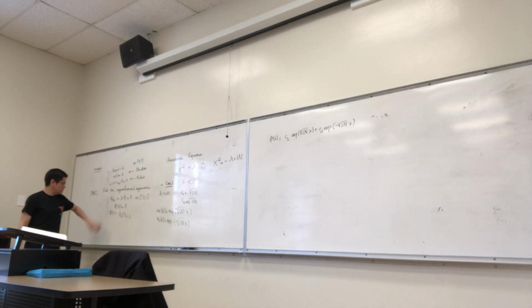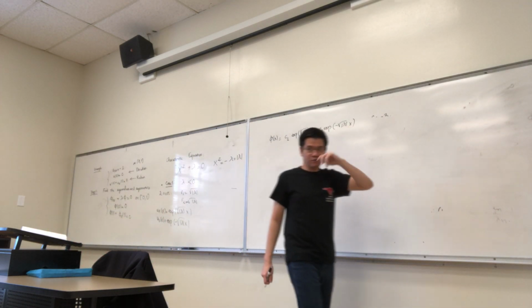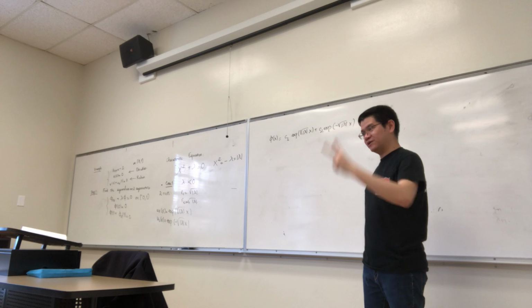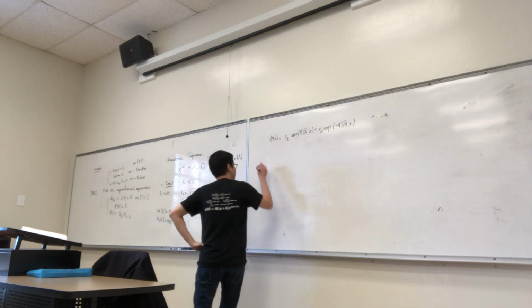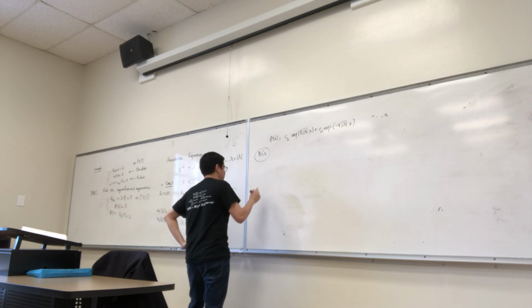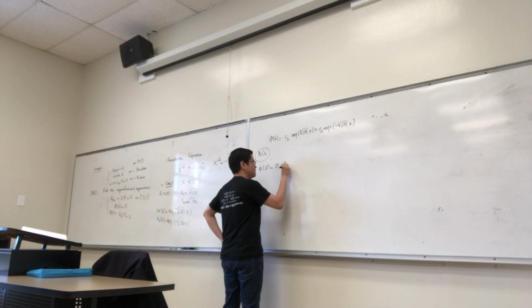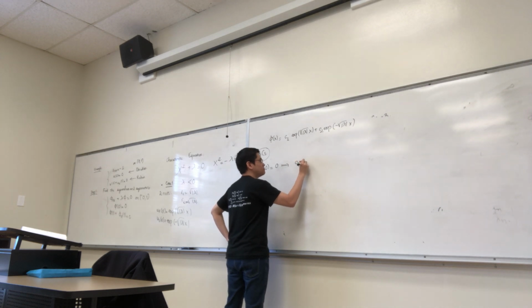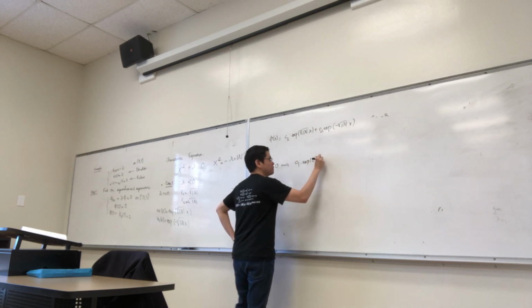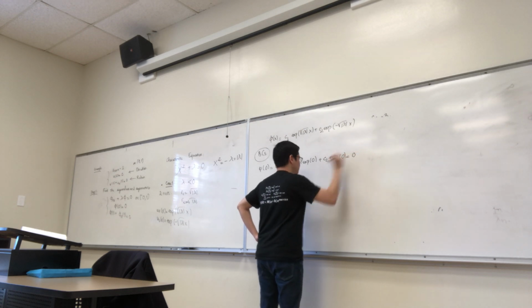So now I'm going to check the boundary conditions. I found a general solution of this form, but I have boundary conditions. The first one is phi(0) is 0, which means that C1 times exponential of 0 plus C2 times exponential of 0 is 0.